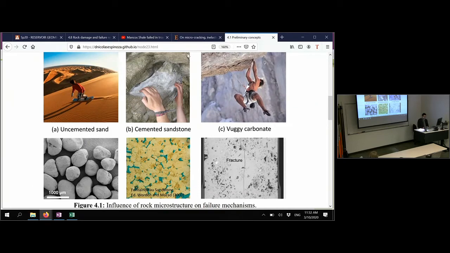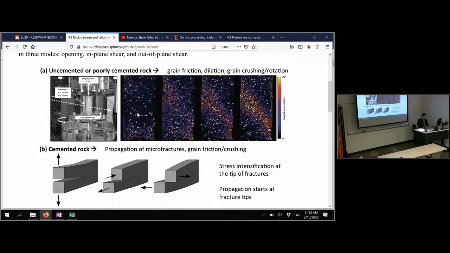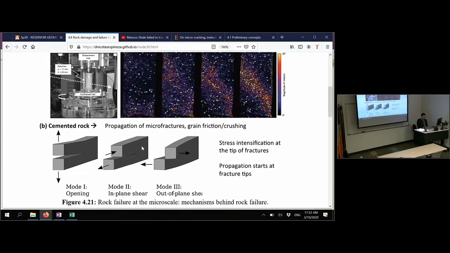For an uncemented material, the failure is going to happen through rolling of the grains with respect to each other, and sometimes even grain crushing. But in a very well cemented rock, we have more propagation of microfractures inside the rock.